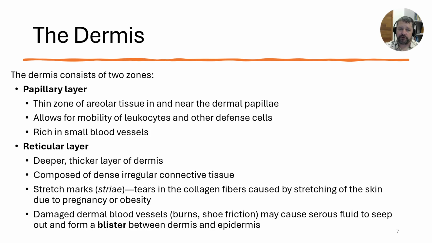When we get sunburns that make it through the epidermis and into the dermal layer, they cause fluid to build up in a blister there, and you normally associate that with a second degree burn.